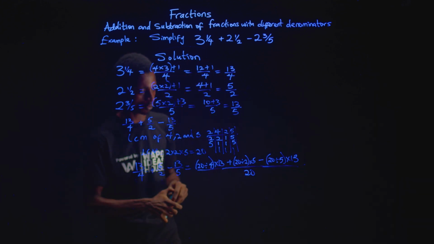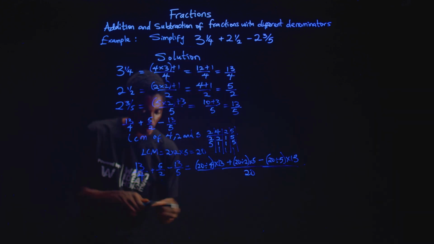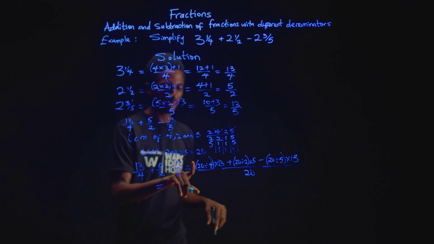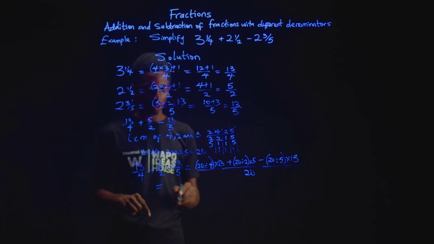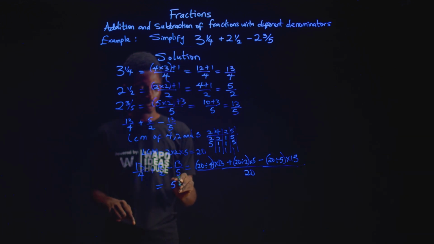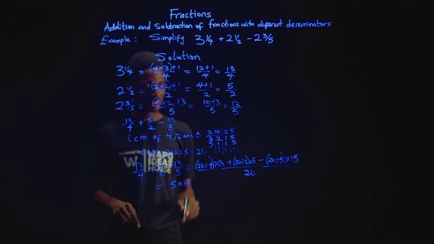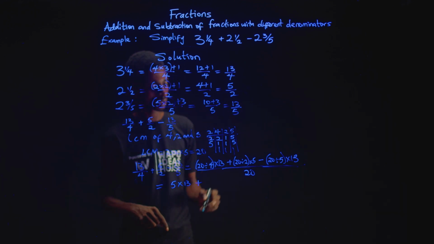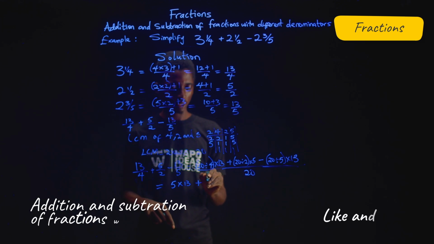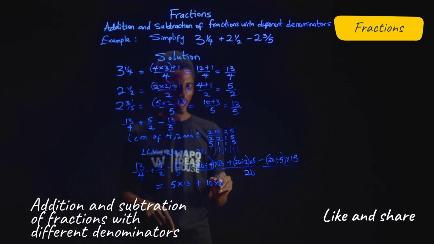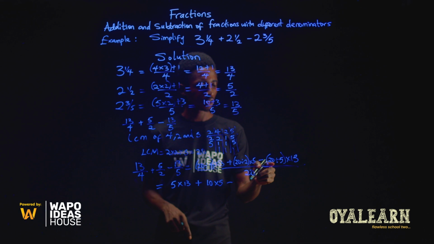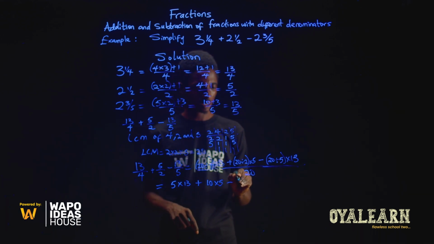Now, let's solve this. To simplify it further, here we have 20 divided by 4, which would give us 5. So we have 5 times 13 plus 20 divided by 2 will give us 10. So we have 10 times 5 minus 20 divided by 5 would give us 4.